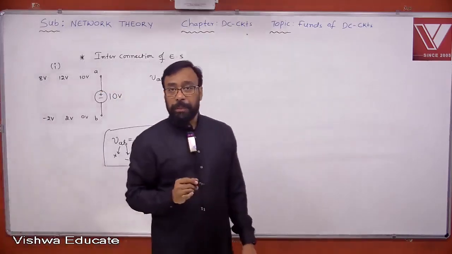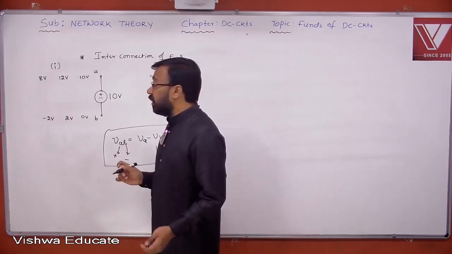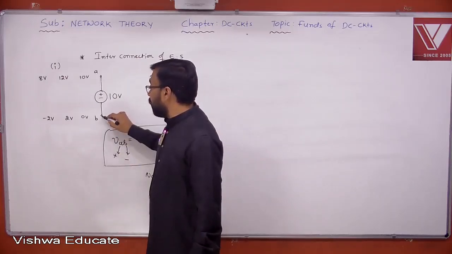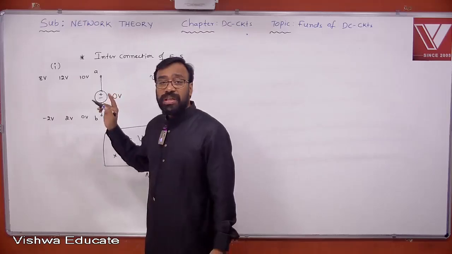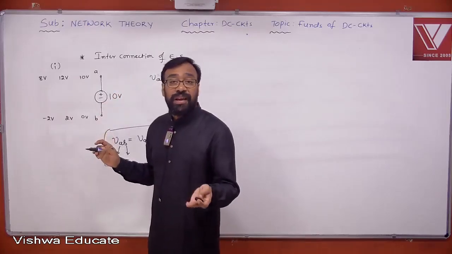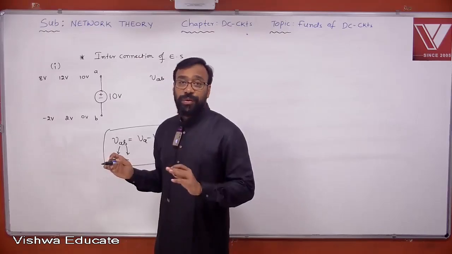You understand all of you? There is a concept in the network that if you increase one particular node voltage by a certain value, then all the remaining node voltages will also increase by the same value. Decrease, then decrease by the same value.